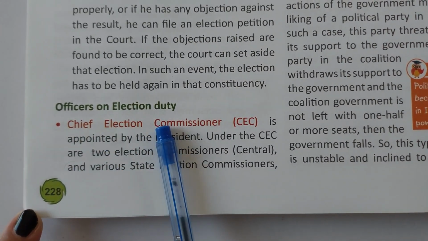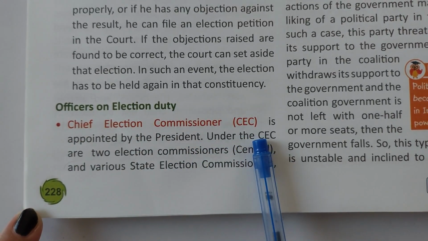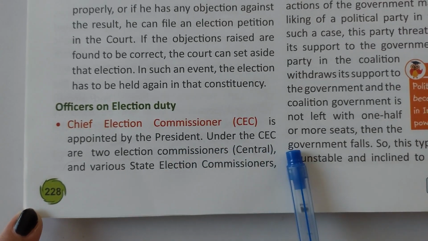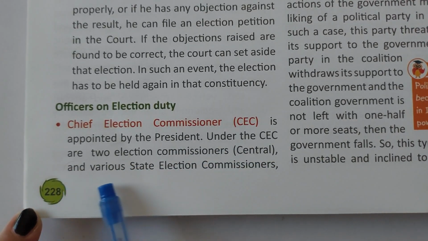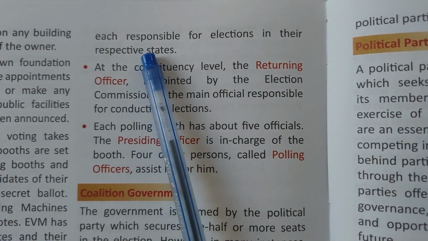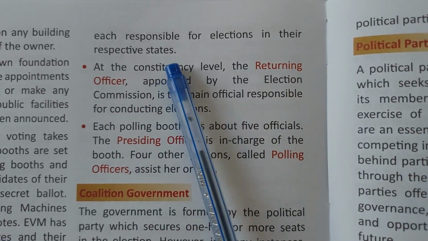Officers on election duty. The Chief Election Commissioner (CEC) is appointed by the President. Under the CEC are 2 election commissioners, central and various state election commissioners, each responsible for elections in their respective states.